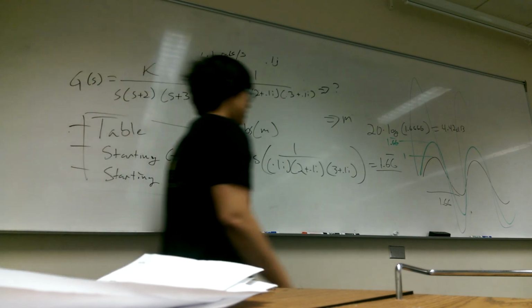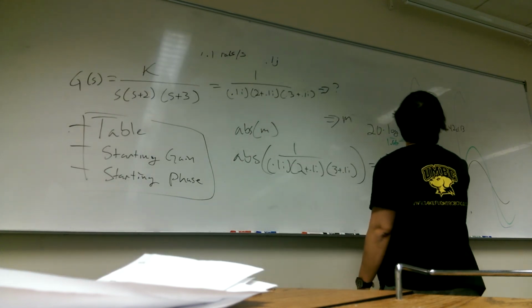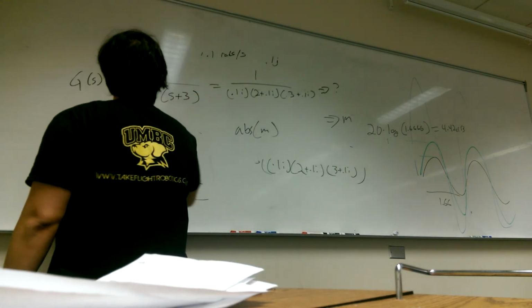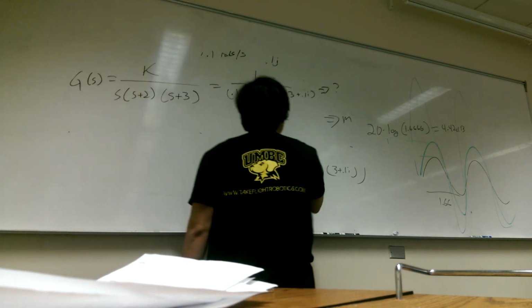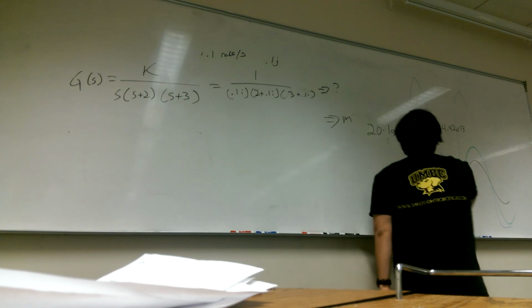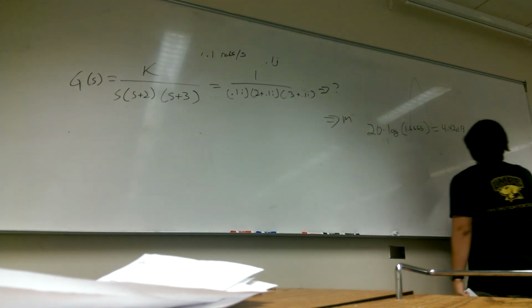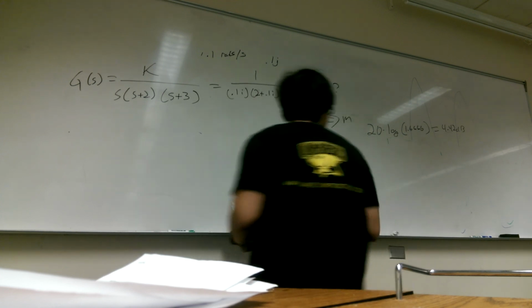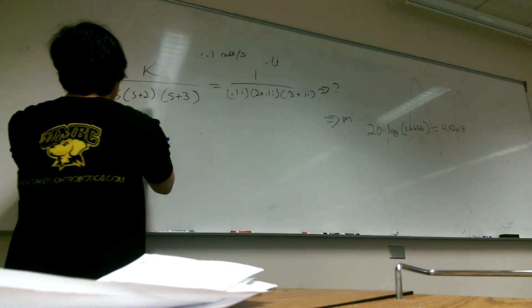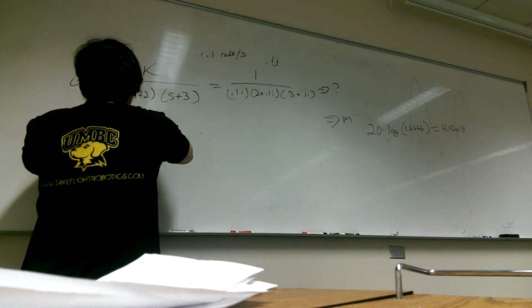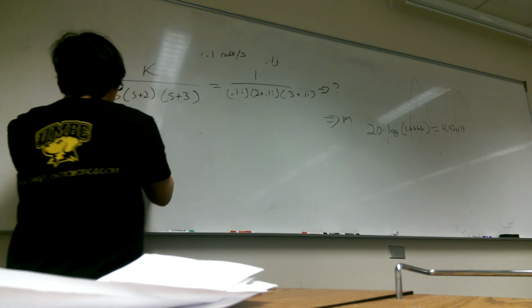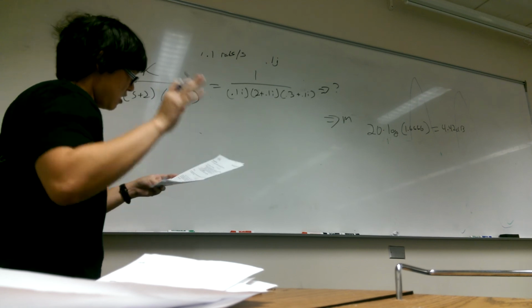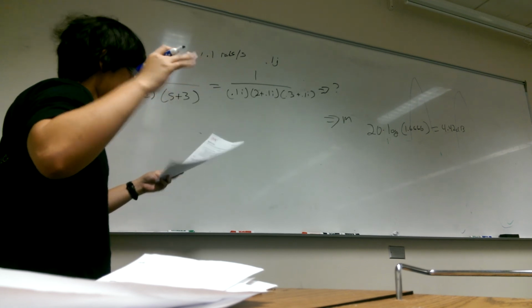Okay. All right, so we have our initial gain of 4 point something. So let's start our magnitude table, our gain table.